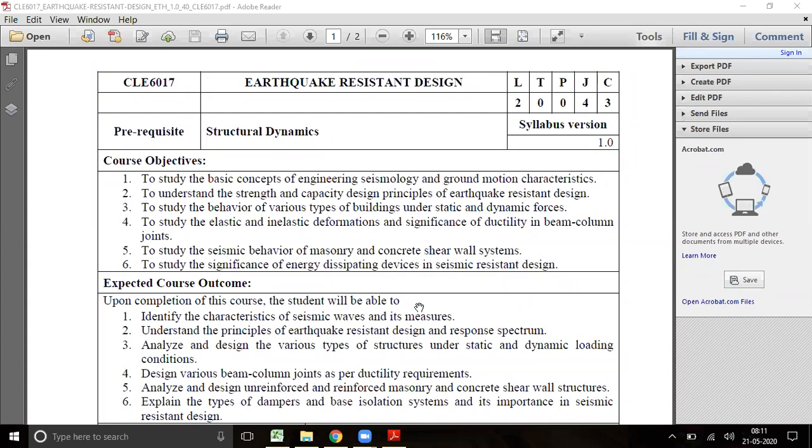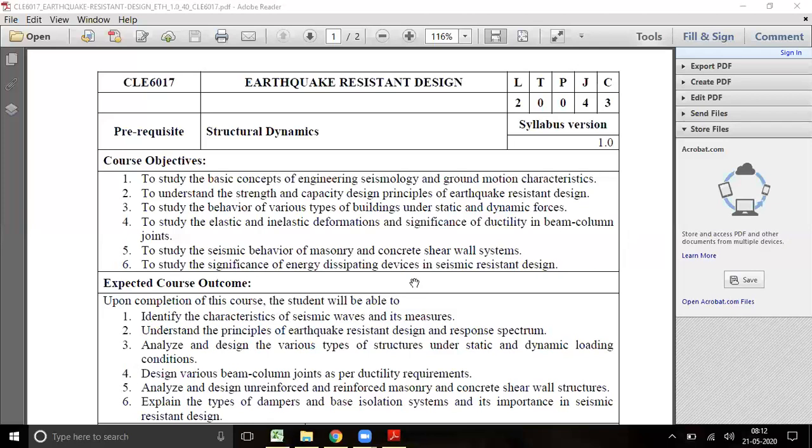So for energy dissipation in a member or in a building, we have certain devices. One is dampers, another is isolators, and another is bracings. Bracings will of course increase the structural stiffness, so the acceleration will increase, but it will reduce the structural displacement.